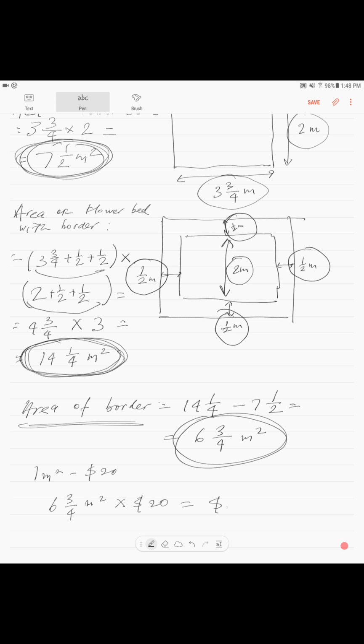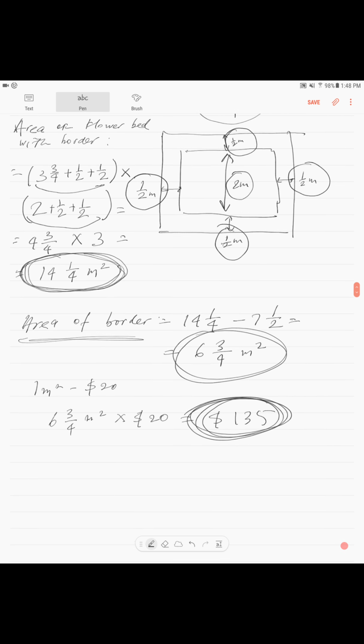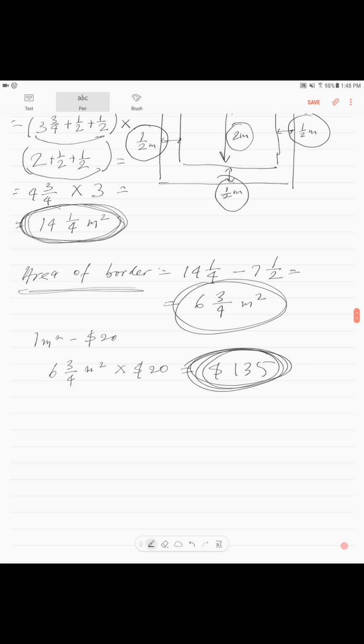And you get your answer, $135. This is how much Uncle Sam has to pay. So we write our answer. Uncle Sam will have to pay $135. That's it.